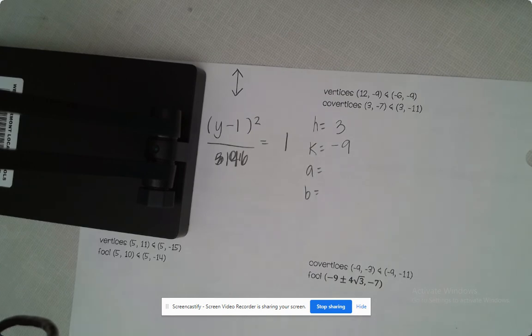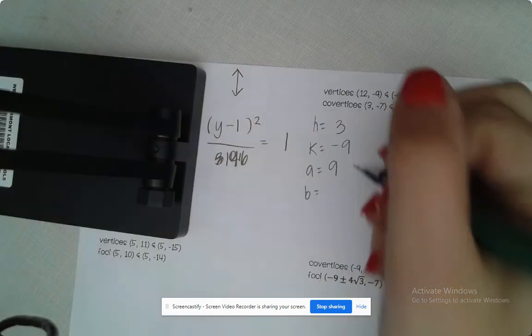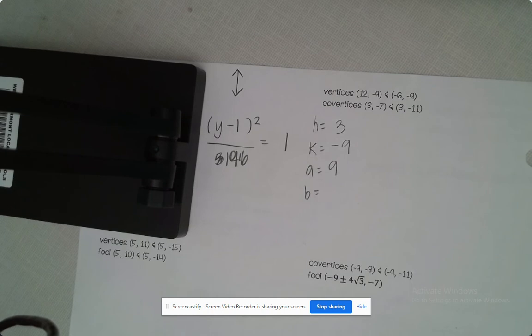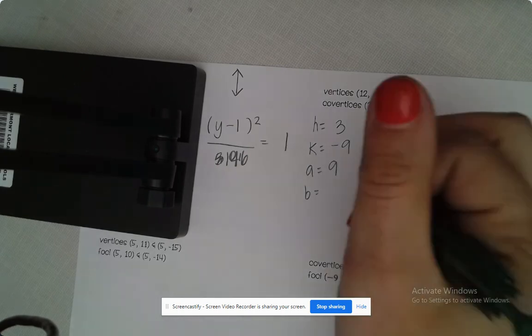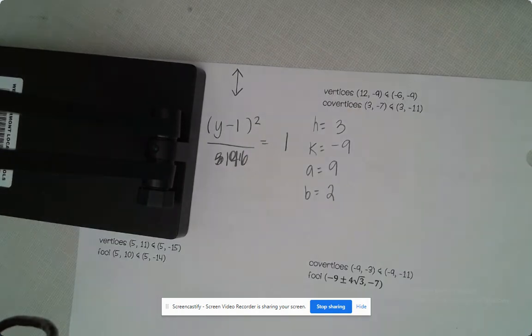There you go. What's my B value? What is my y coordinate of my center? -9. It is 2. Write your equation.